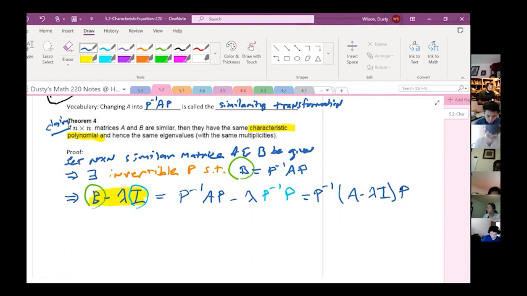So like Dibs reminded me, in order to have the characteristic polynomial, we need determinants.